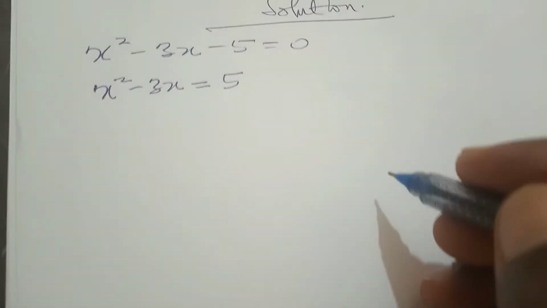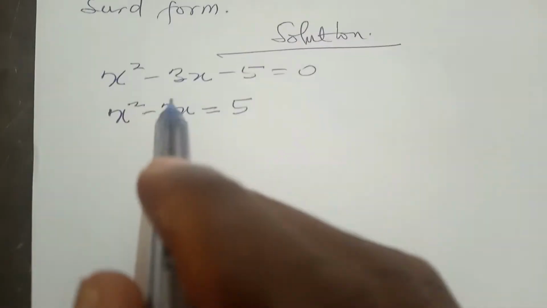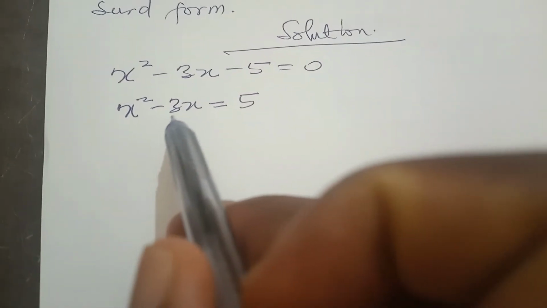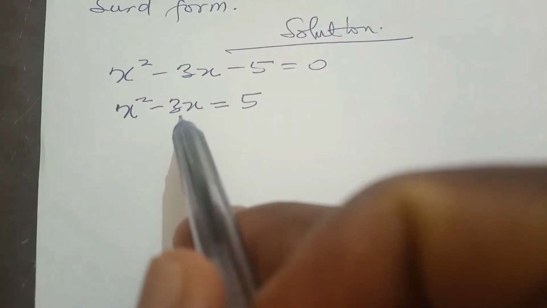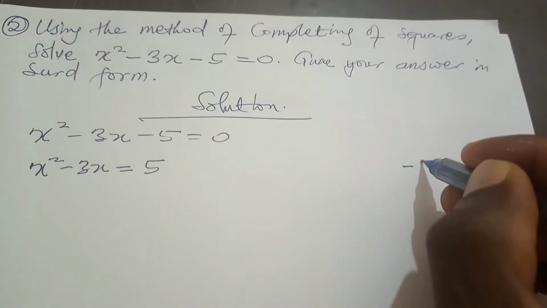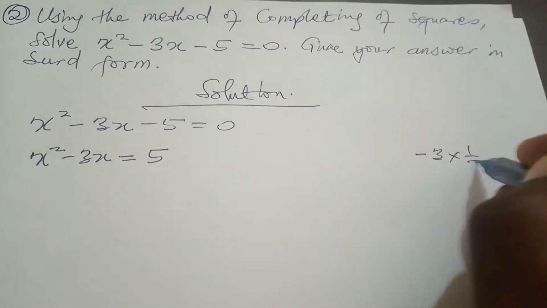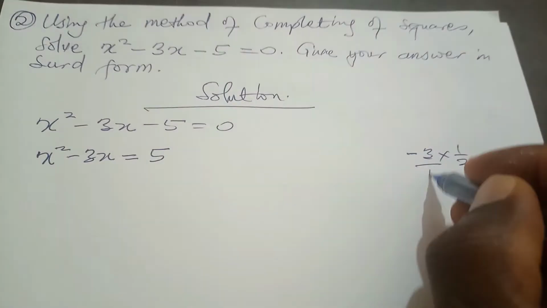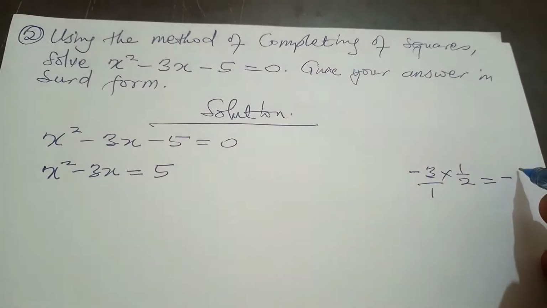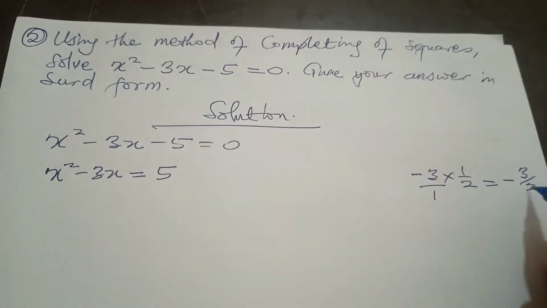Then we take half of this, negative 3, which is the coefficient of x, and that will be negative 3 times 1 over 2. This is the same as negative 3 over 1. So that will give us negative 3 over 2.